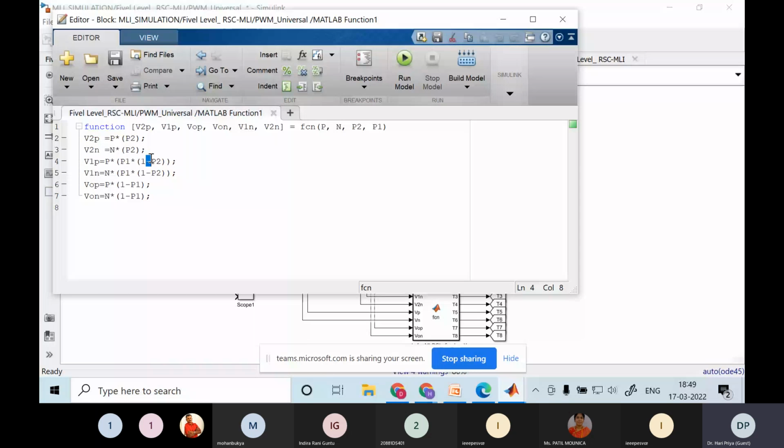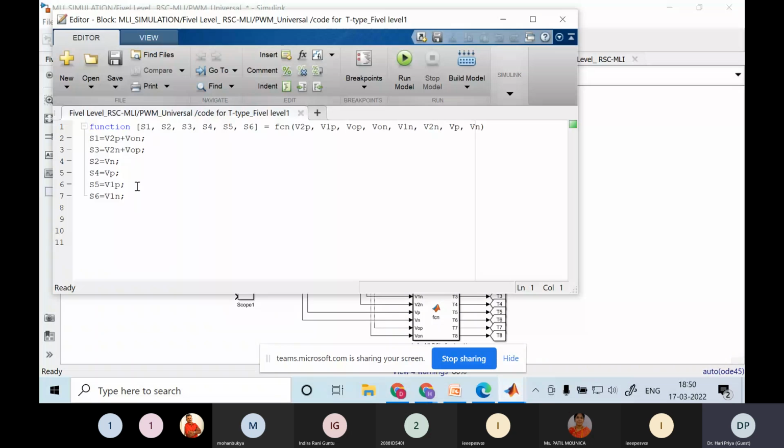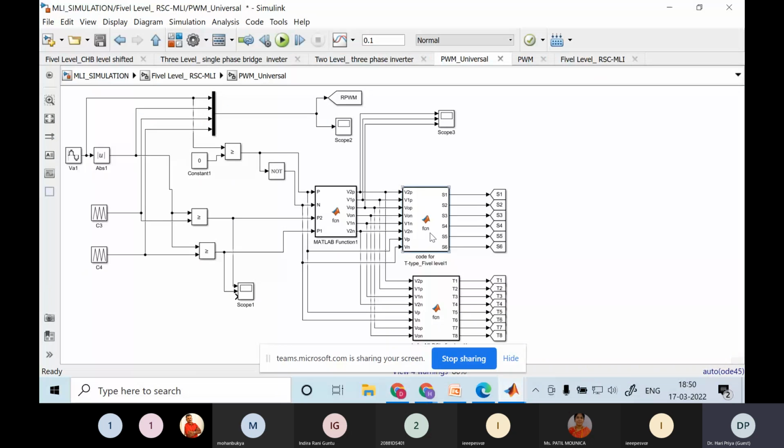V should be obtained in the 0 to V band, and the V to 2V band as well. That means V should be obtained when P1 is high and P2 is low. It is a simple logic, which can be delivered with common sense. Further, we have to direct these pulses as per the desired operation of the inverter.